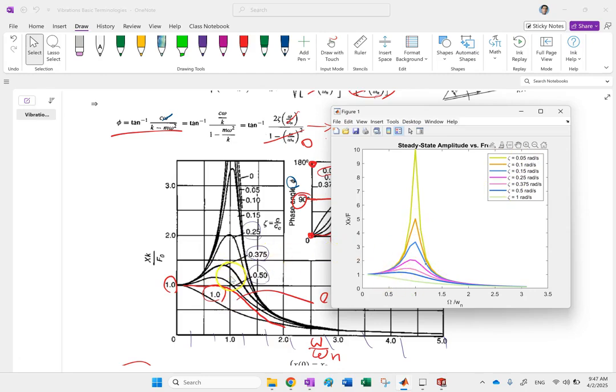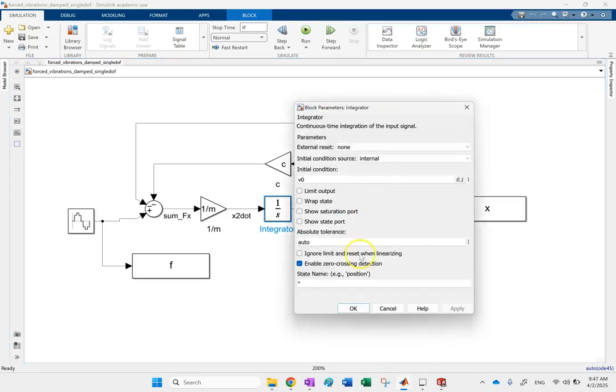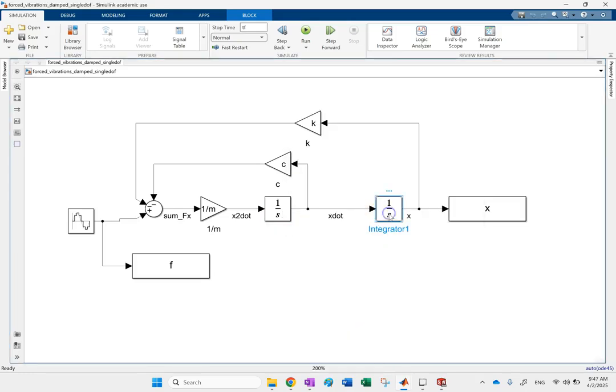So I could regenerate this plot for you basically by simulating a mass spring damper system, which you can see here. There is mass, there is C, there is K. Initial conditions will go here. That is for initial velocity. The next one is initial position.